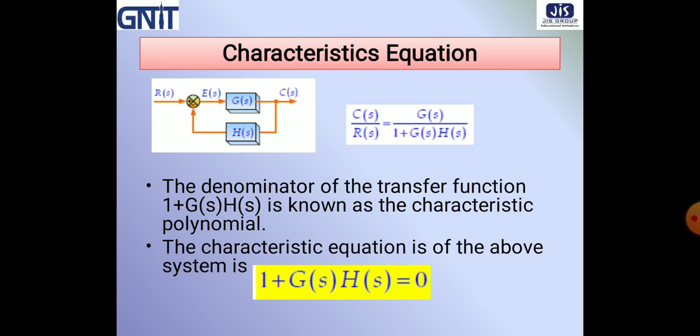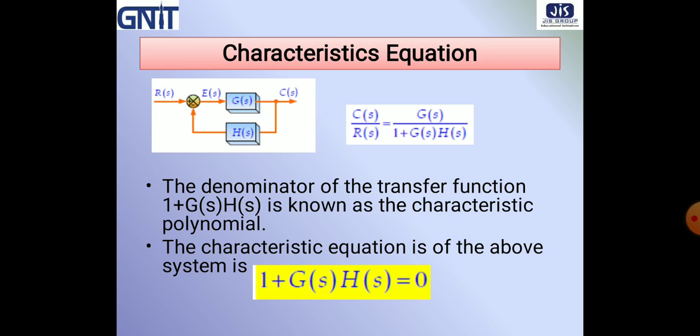So, if we calculate the closed loop transfer function for this system, then we get C(s)/R(s) is equal to G(s)/(1 + G(s)H(s)). The process of finding this type of closed loop transfer function we already discussed in our previous lectures, so just follow the previous lectures.